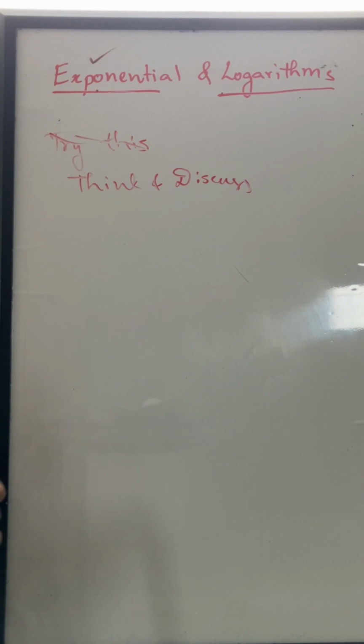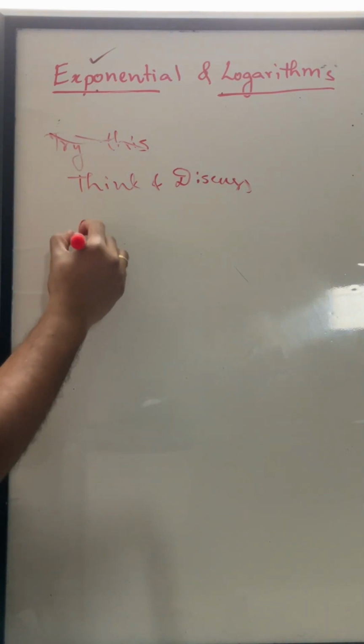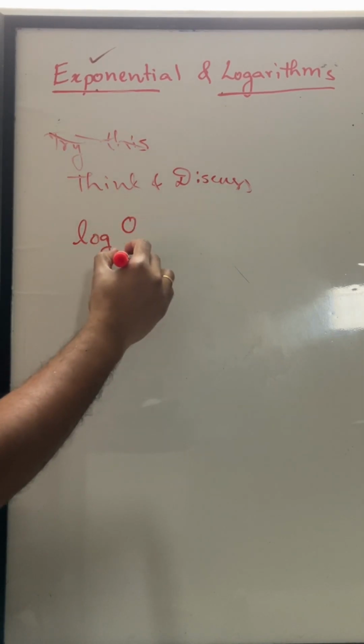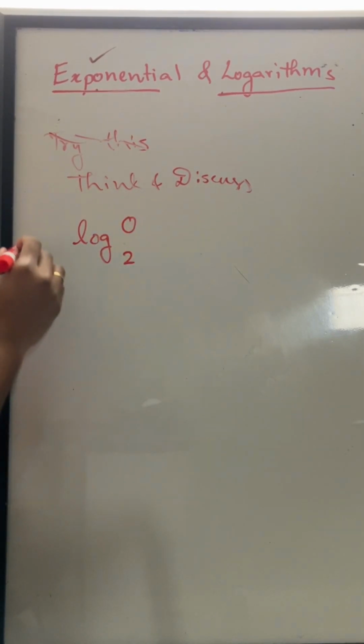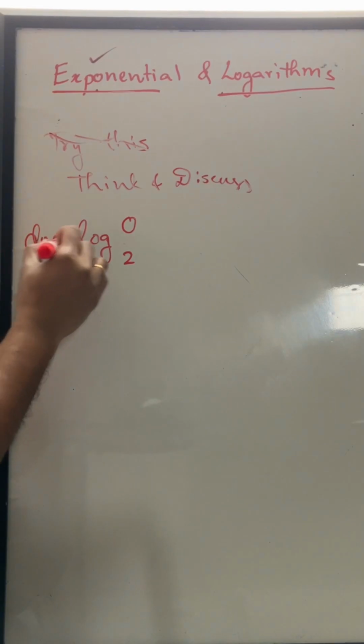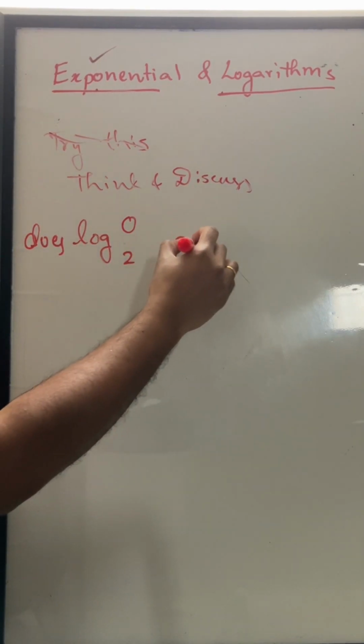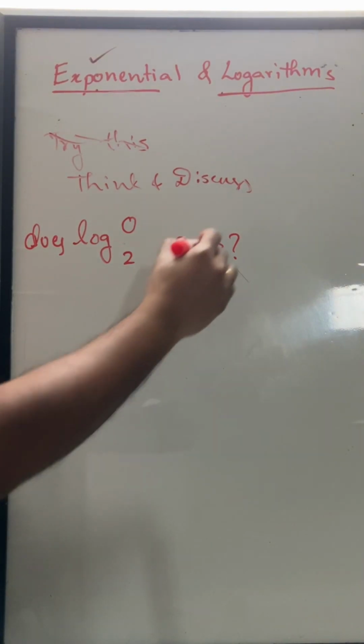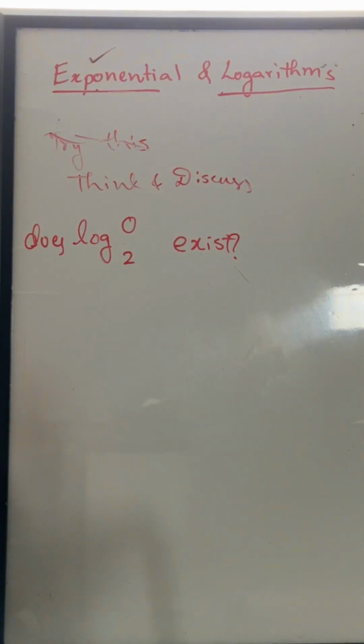So he's asking whether log 0 base 2 exists. Okay, it's an interesting question, isn't it?